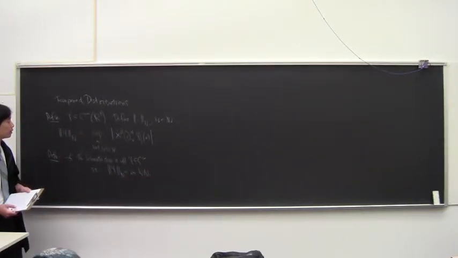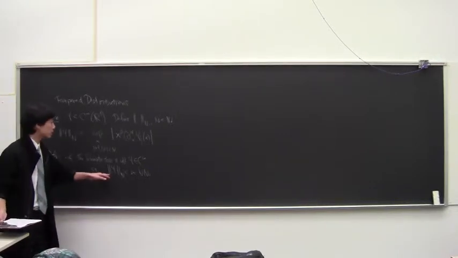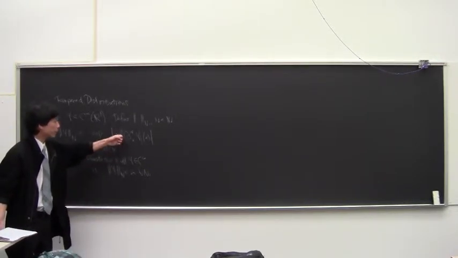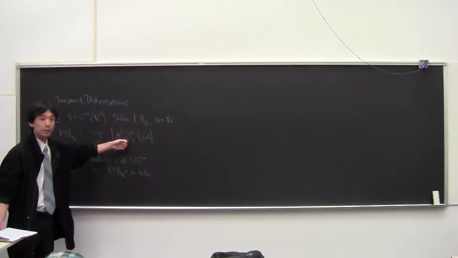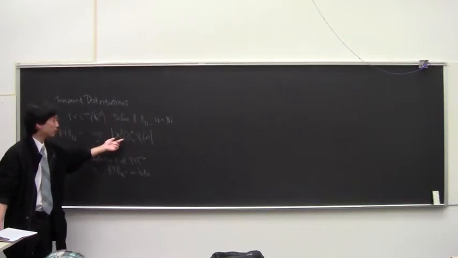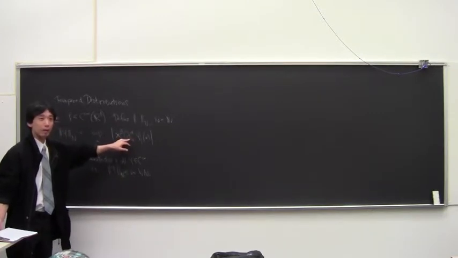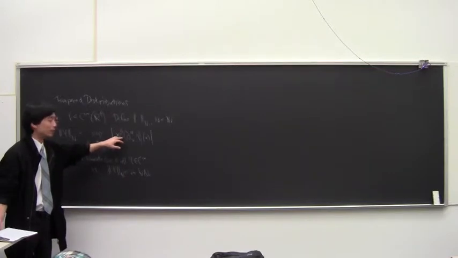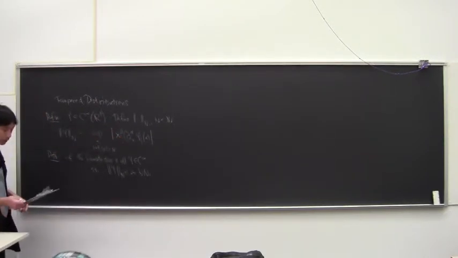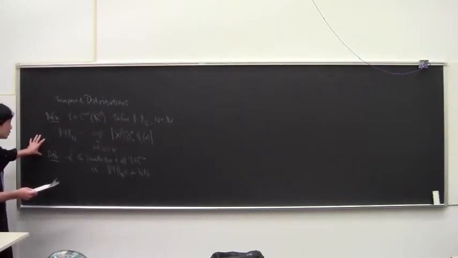Right. Schwartz class means that for your function and all its derivatives, if you multiply them by polynomials, then it's still finite, right? Those are still bounded functions. In other words, the function and all its derivatives are rapidly decreasing, right? Even if you multiply them by a polynomial, it's at least bounded. Okay, so that's the Schwartz class.